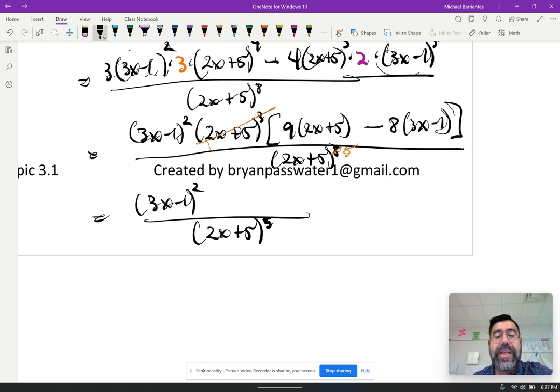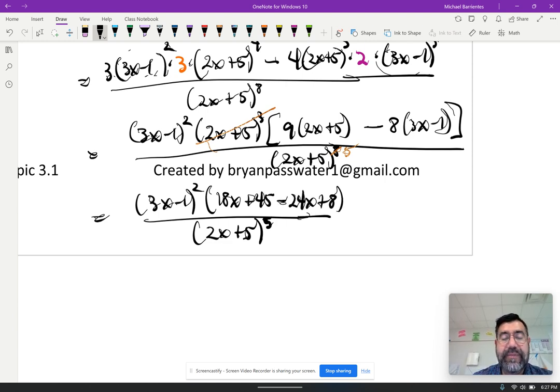If I take 3 of the 8 2x plus 5s and cancel and reduce them out, then I'm left with 5 of them there. And inside these brackets, I'm left with 18x plus 45 minus 24x plus 8.